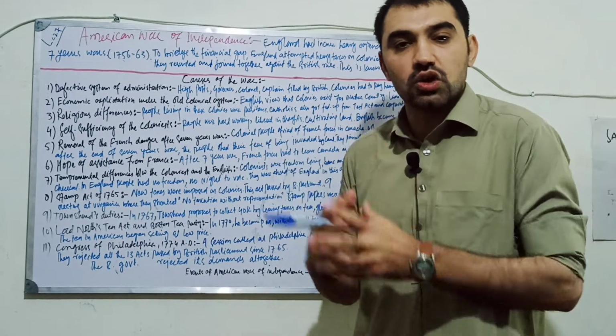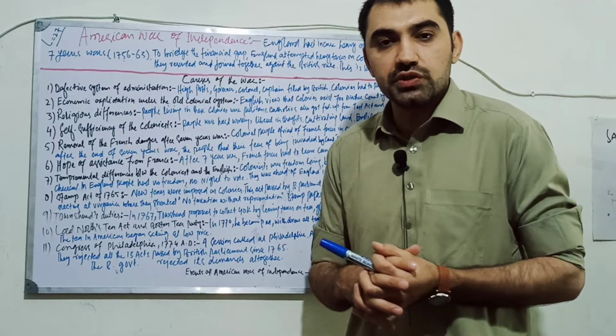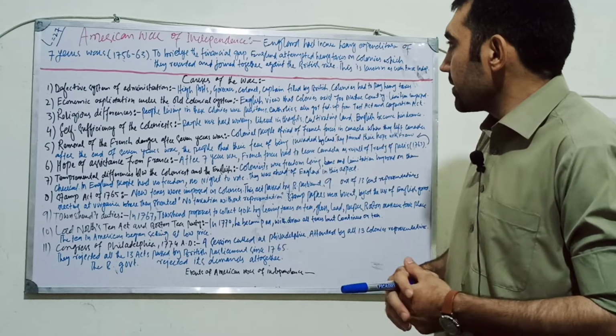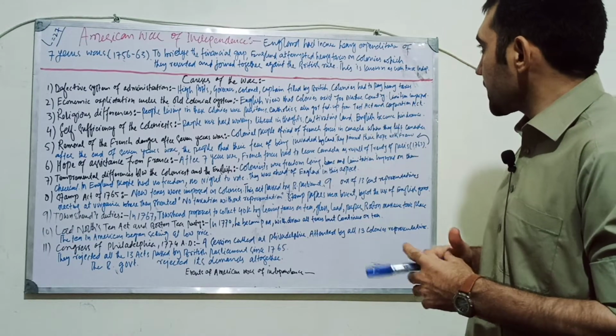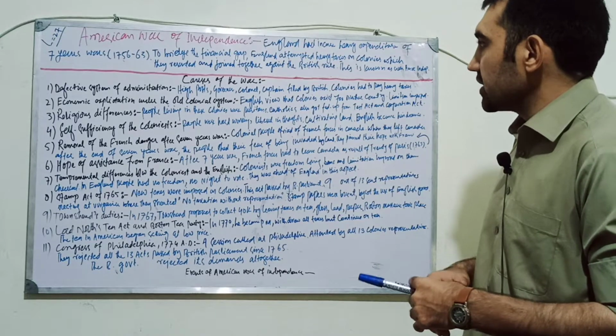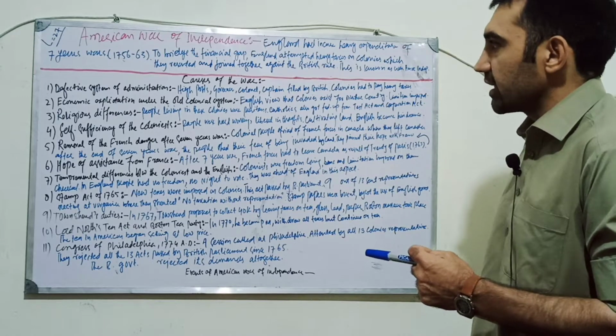And we also talked about the provisions or clauses of that treaty. To bridge the financial gap, England attempted heavy taxes on colonies, which they resented and joined together against the British rule. This is known as the War of American Independence.